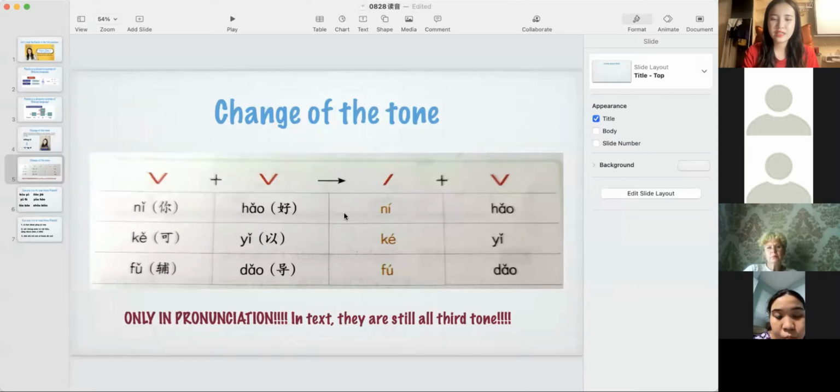And when you read in pronunciation, you change the first tone into the second. So 你好. Remember? 你好. The first is a second tone. And this word 可以, which means you can do something. And when you read fast, the correct pronunciation is 可以.